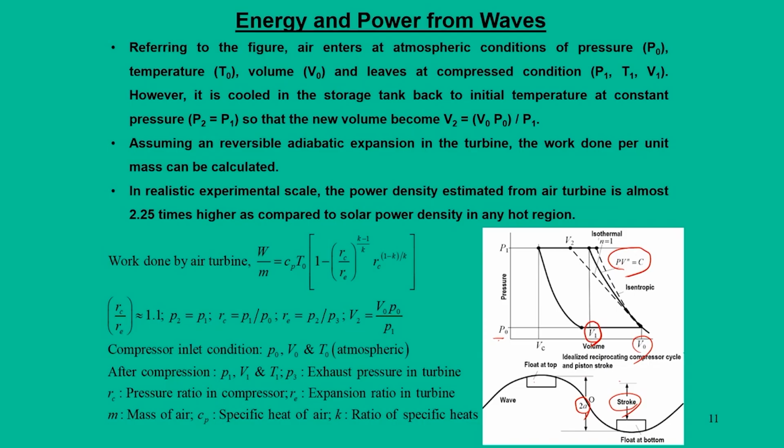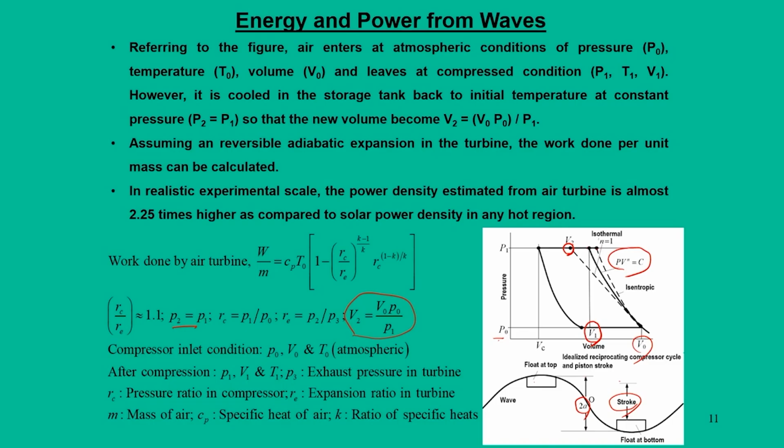So, effectively we need to bring down the temperature in an isothermal process. From this point you go along an isothermal line, and your final volume will be V2. Basically, keeping pressure P2 equal to P1, we arrive at the new volume, because we are cooling down from state 1 to state 2.